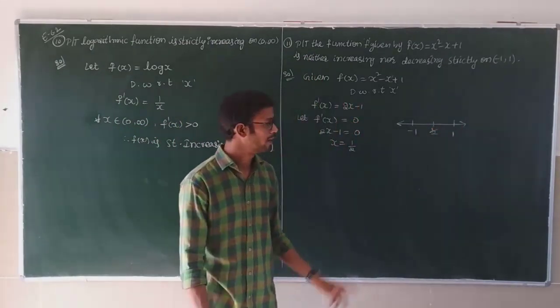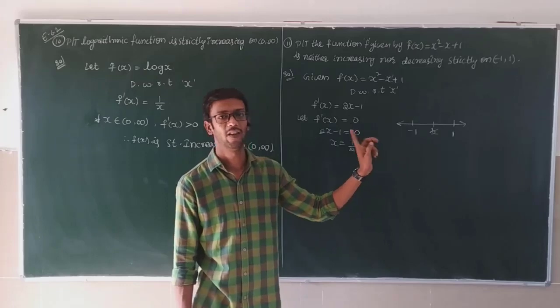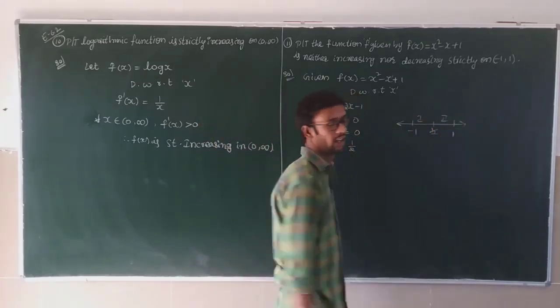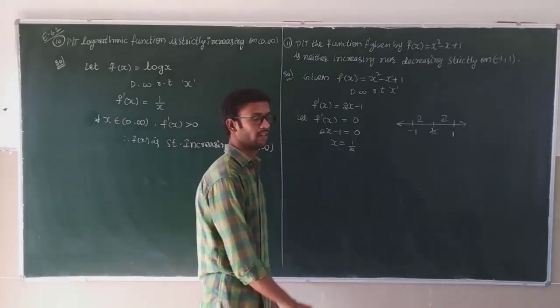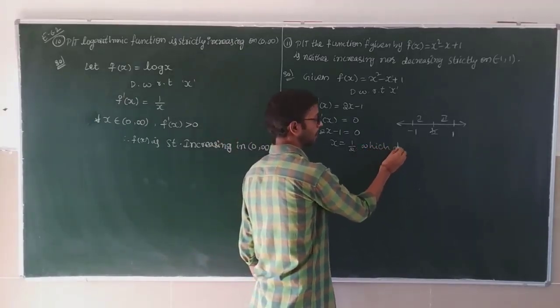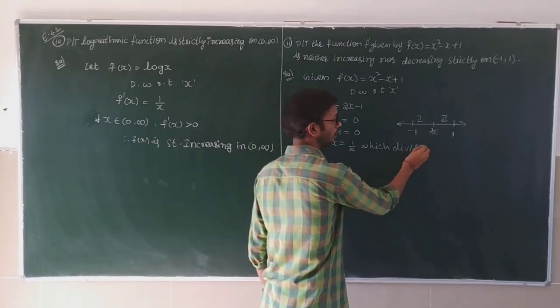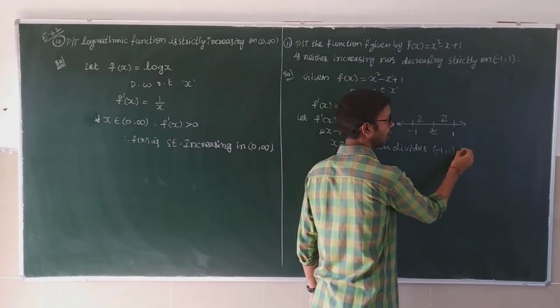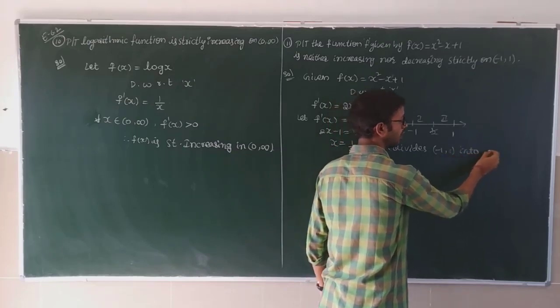1 by 2 divides the interval minus 1 comma 1 into two disjoint intervals.